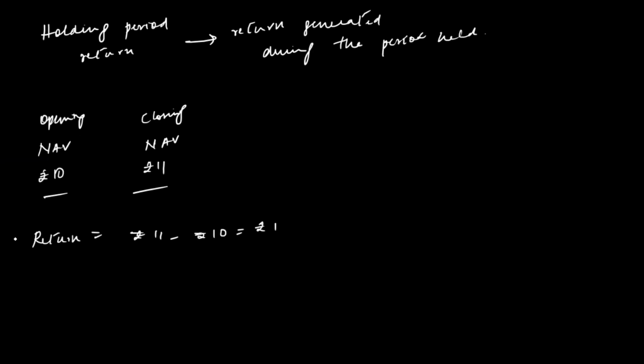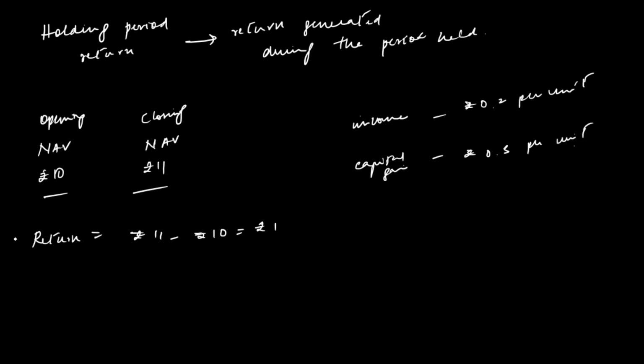Now, if I have some distributions received from the fund house in the form of income or capital gains distribution, okay, let us say this is 0.2 per unit and this is 0.3 per unit.